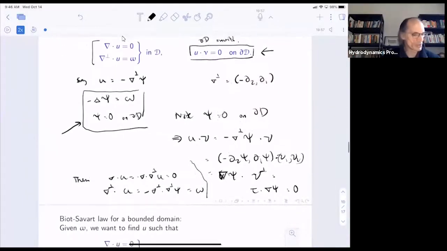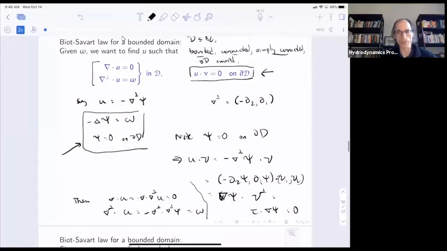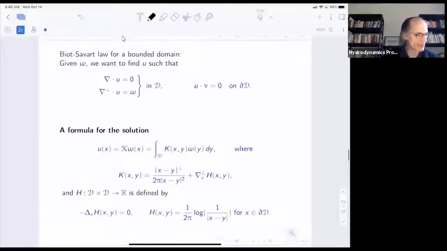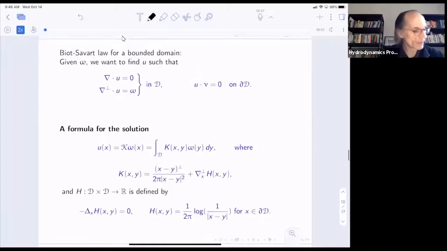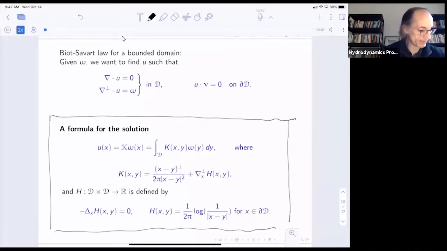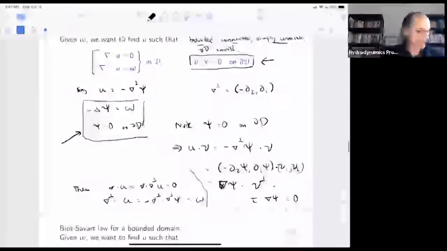Using this, I want to write down an analog of the Biot-Savart formula on a bounded domain, a smooth boundary with these boundary conditions. I'll do what I did before.